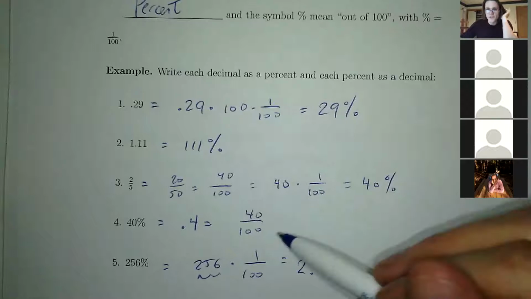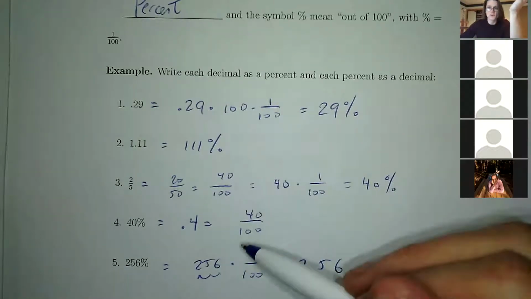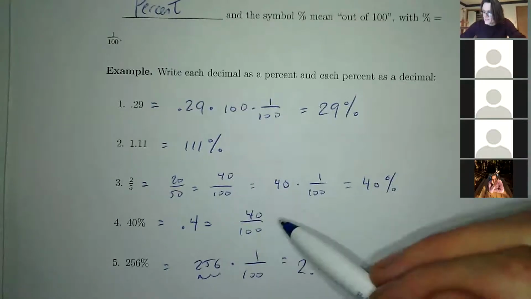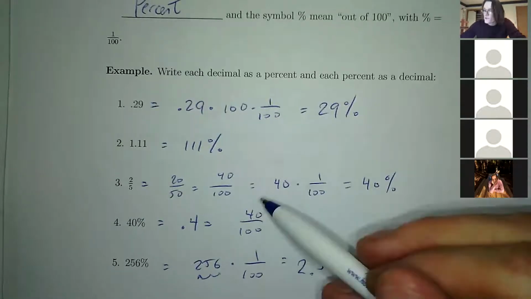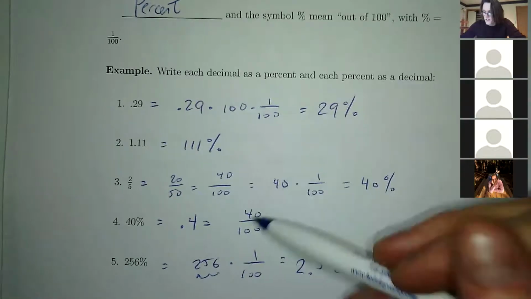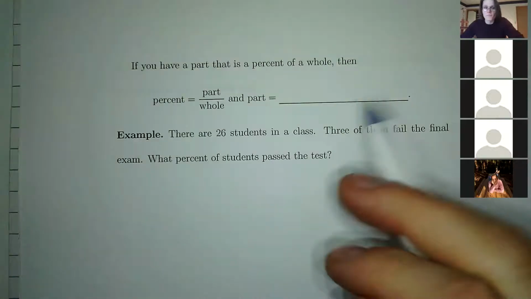Out of 100 carrots, maybe 40 of them are slightly underripe or have weird knobs on them, so you need to disqualify them from your carrot contest. In any case, 40 out of 100 is 40%. So, part over the whole.